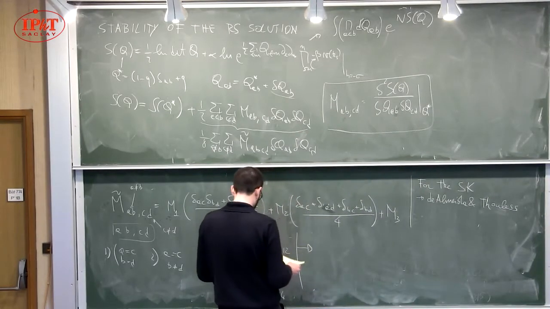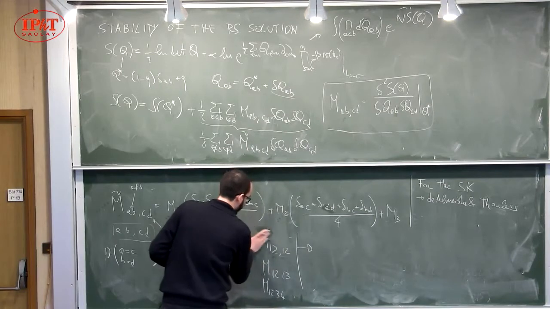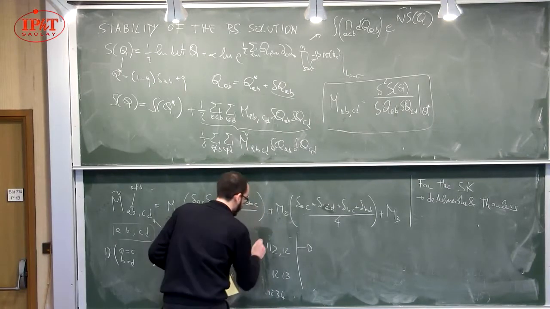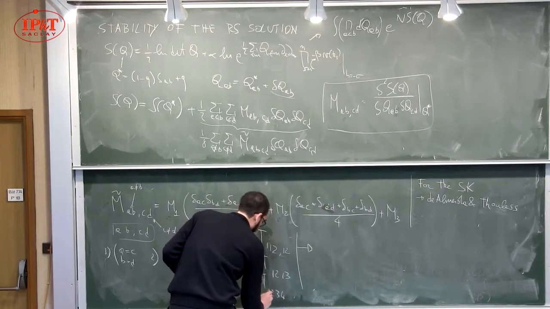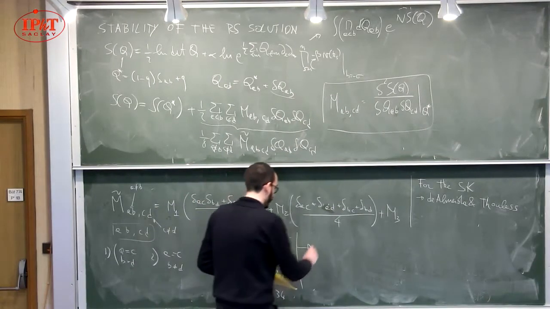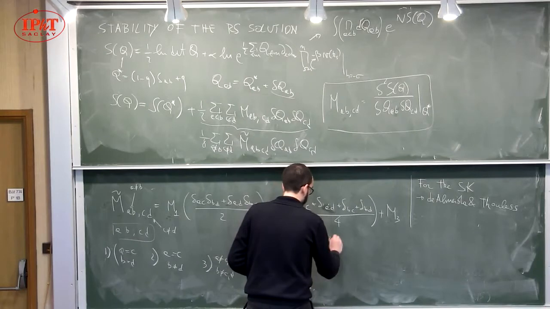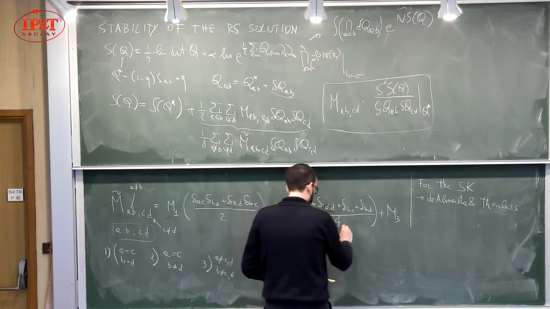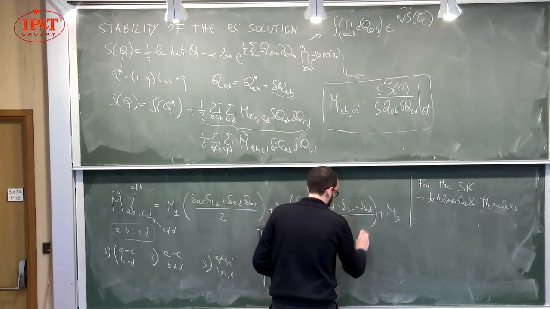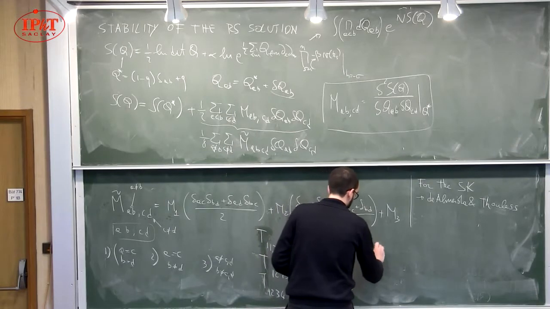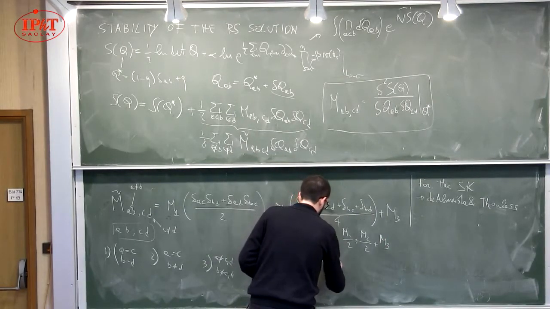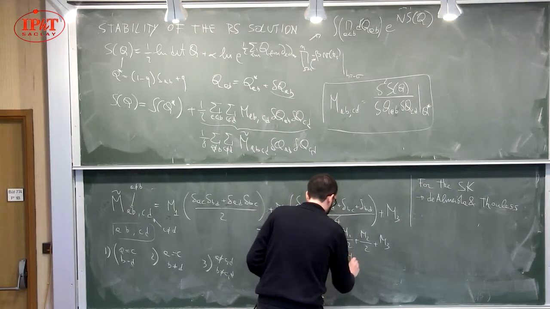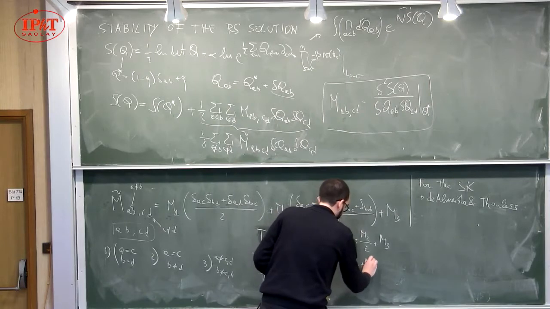So let me call this T, so that I don't mismatch anything. So you have T12 is just M2.